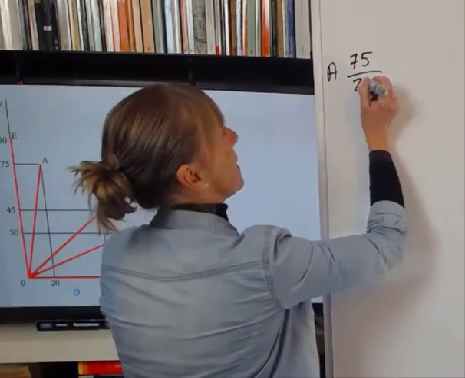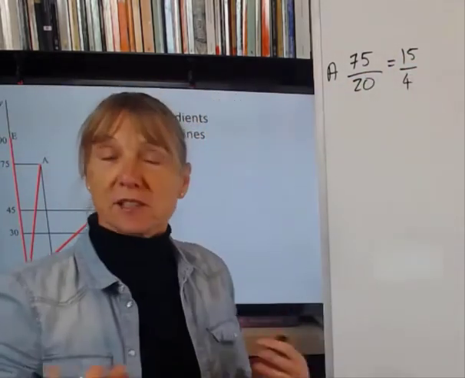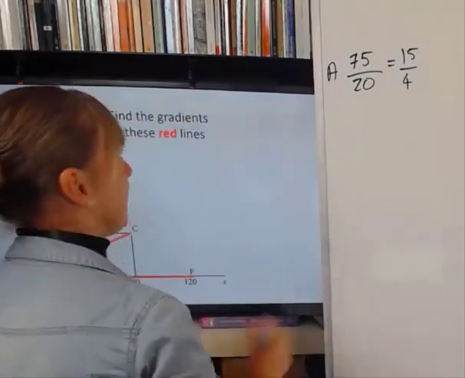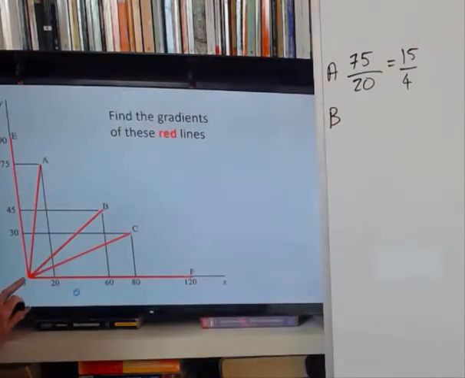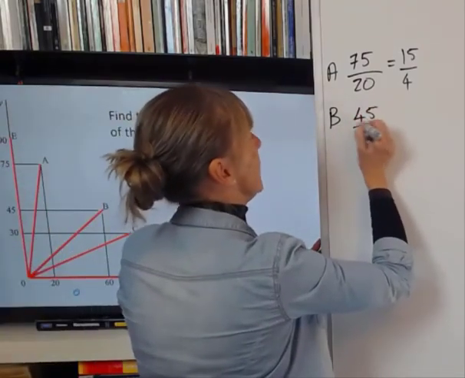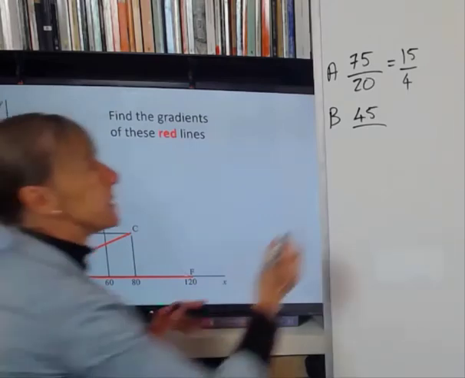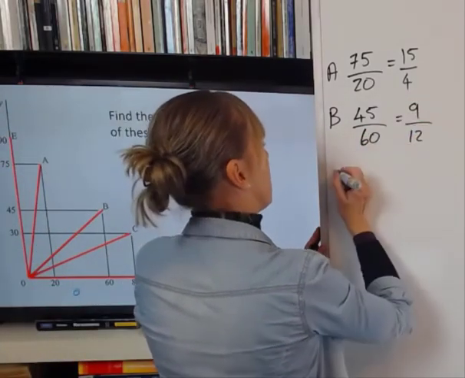So it's just 75 over 20, which simplifies to 15 over 4. B. Well, this one, the y value has gone from 0 to 45. And the x value has gone from 0 to 60. Which I think is 9 over 12.